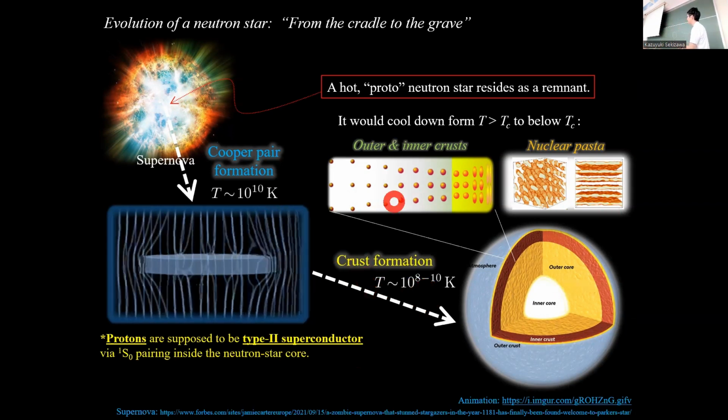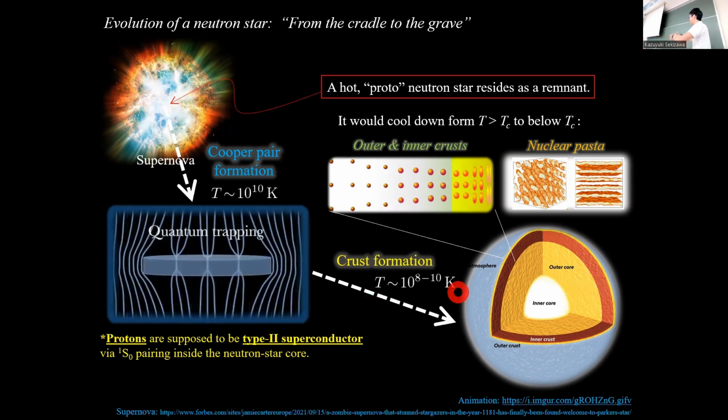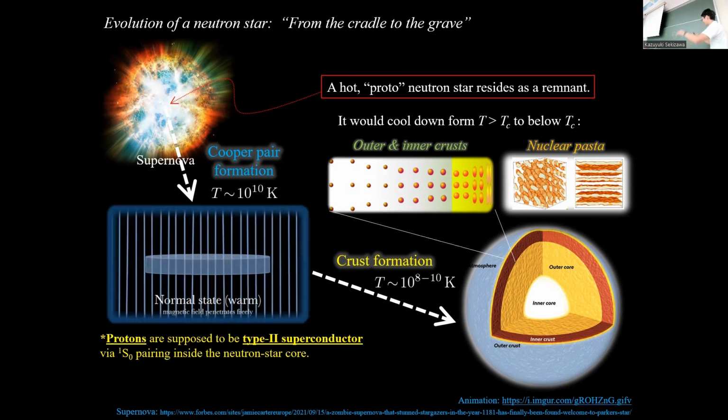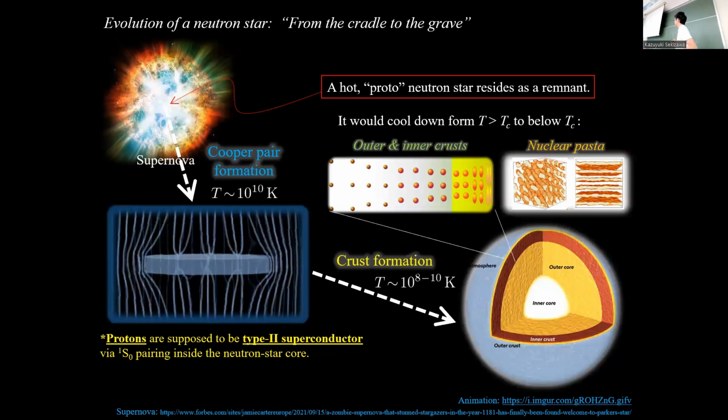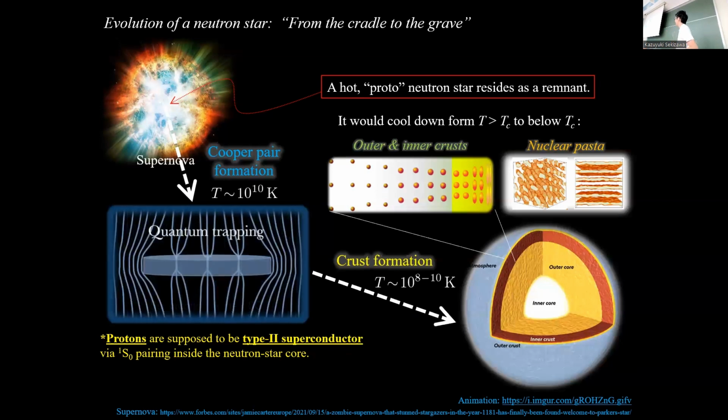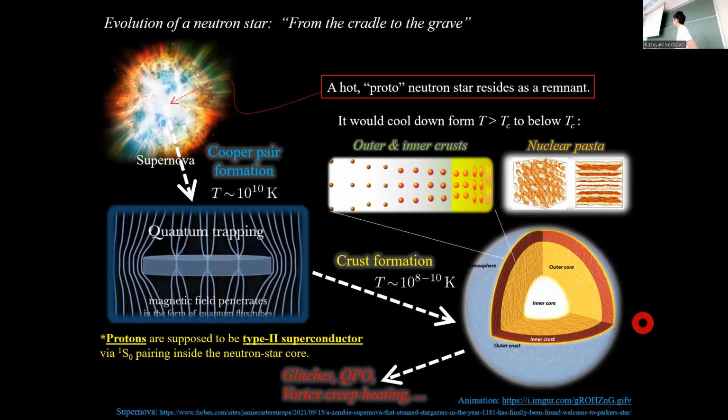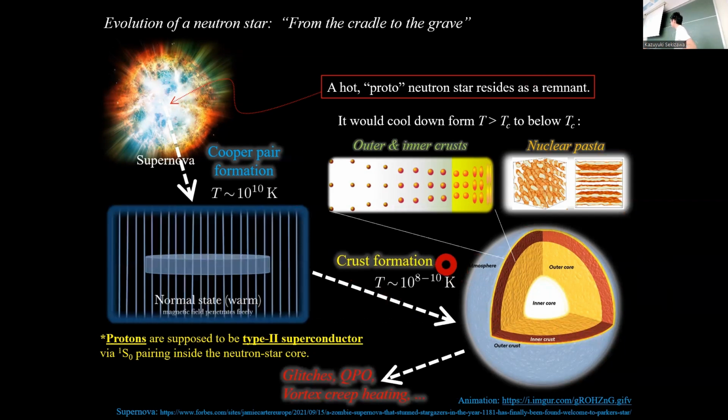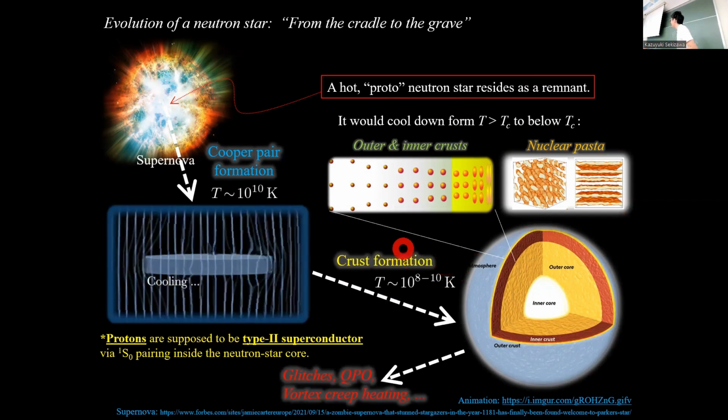So by calculating many phases of the inner crust, or generally the structure of neutron stars, as a function of temperature and magnetic field, we may predict something which may be observed in future.